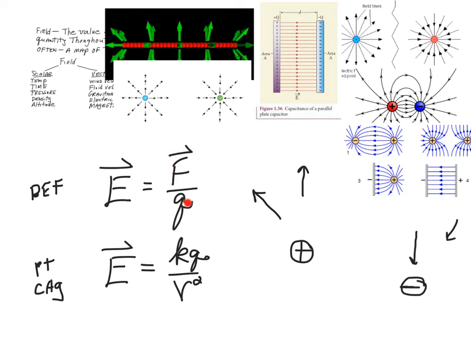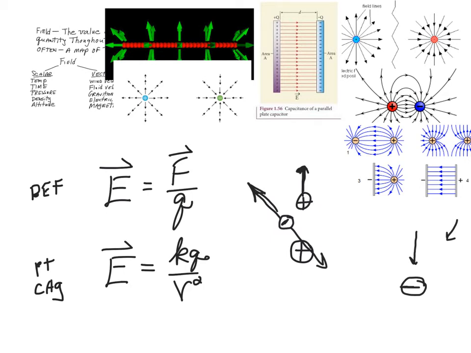If the test charge were negative, the direction of the field, because this is negative, would be opposite the force. So notice, if my test charge in this case is a positive test charge, the force will point this way and the field is that way. If instead I use a negative test charge, the force would be this way, but the field would be opposite the force because the Q would be negative.